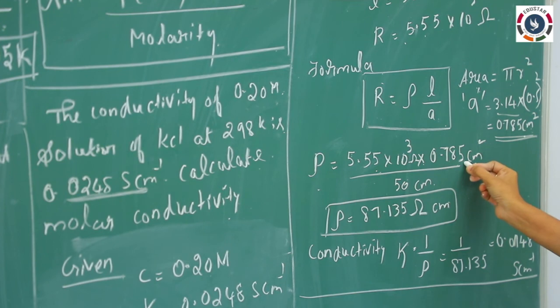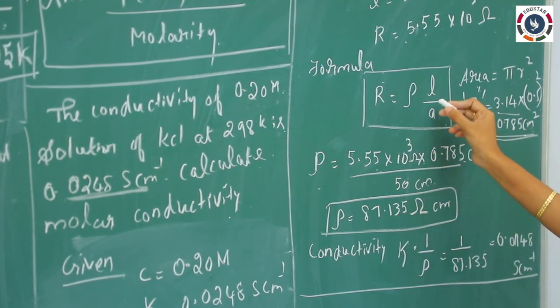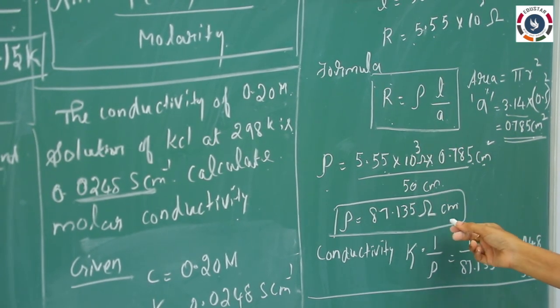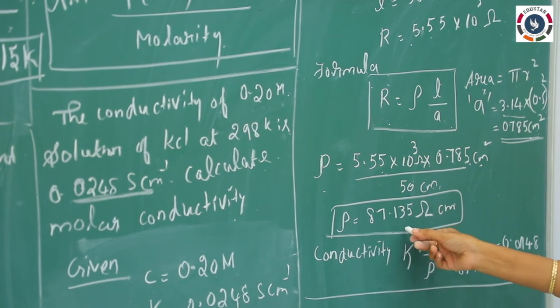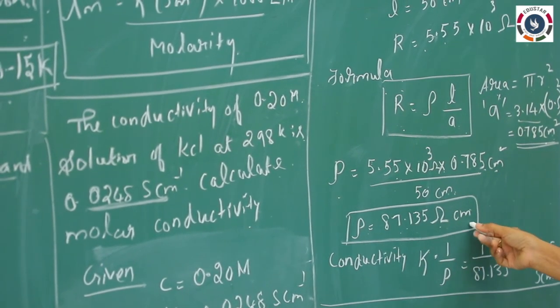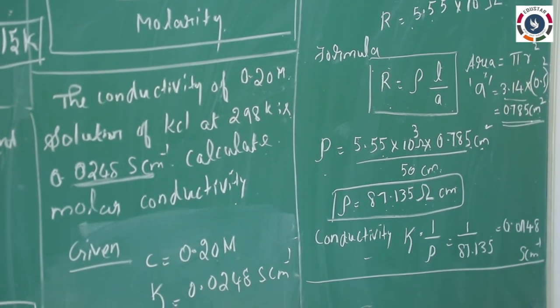So, 0.785 is in the numerator, and the 50 centimeter, that is the length, when going to this side, comes in the denominator. So, I am getting the value of rho as 87.135 ohm centimeter.